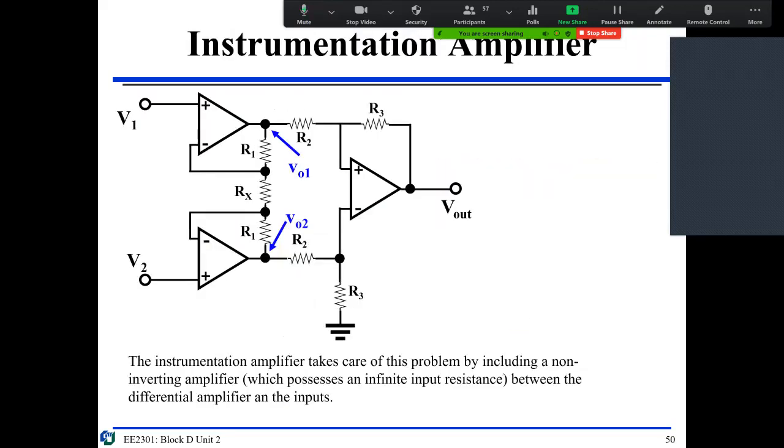So how to make sure that we can have adjustment so that the V1, V2 will be able to have idealized small impedance?